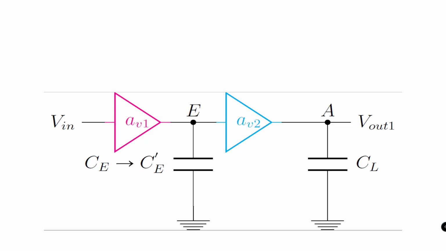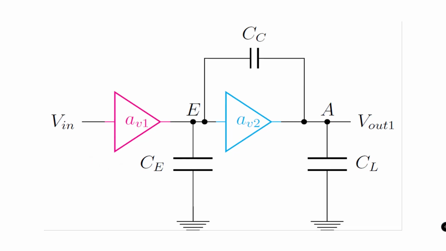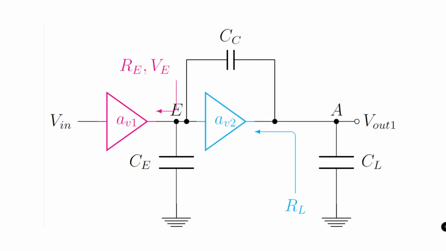Now, the way to realize such a large capacitance at node E is to use this Miller capacitor Cc around the second stage, which we have already seen can introduce a large capacitance at node E. Now, to reevaluate the poles, let us simplify the block diagram by replacing the first stage with an equivalent Thevenin's resistance, denoted by Re, and the Thevenin's voltage at node E as VE.